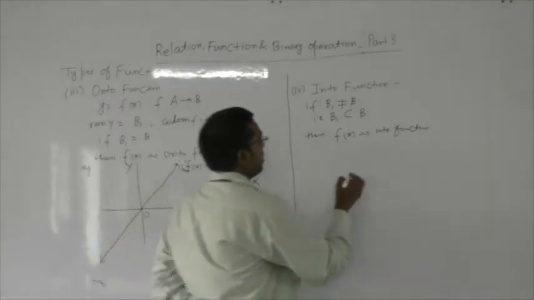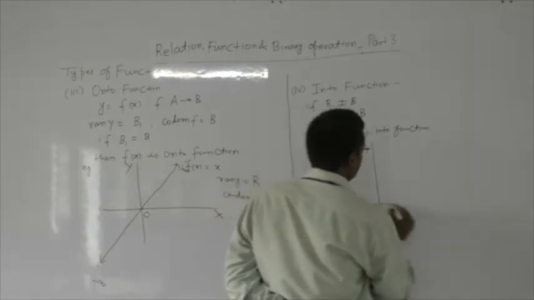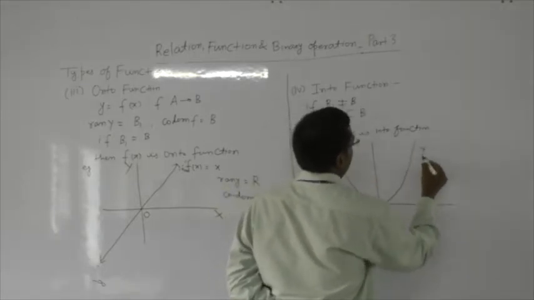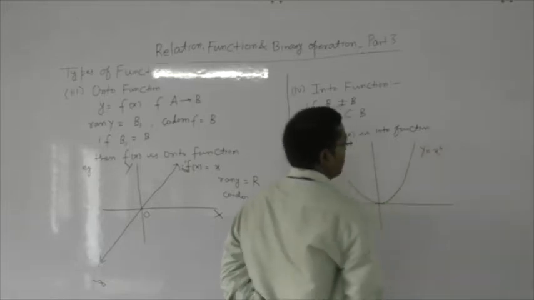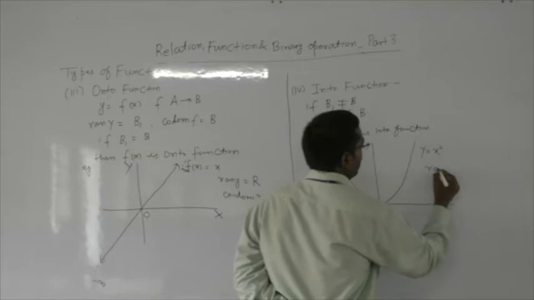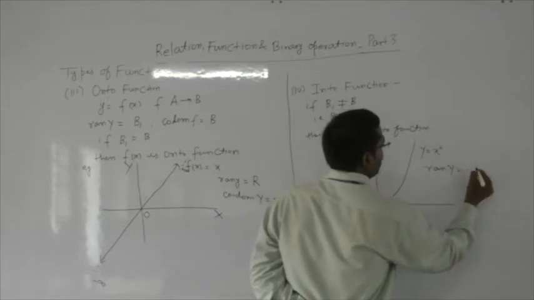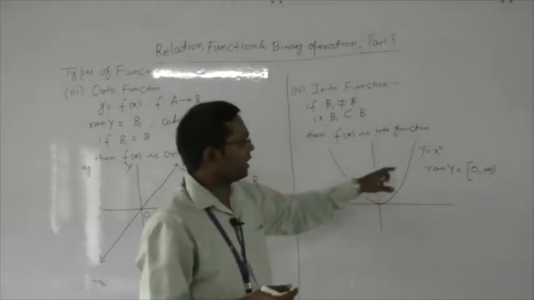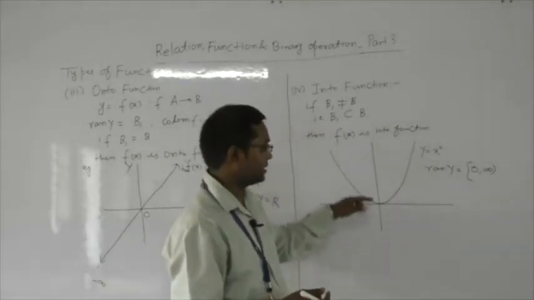Let's see the into function graph. Suppose we have the graph y equals x square. Now what is the range of this function? If we see, the range of this function is from 0 to infinity, because the value of x square can't go below the x-axis, right?